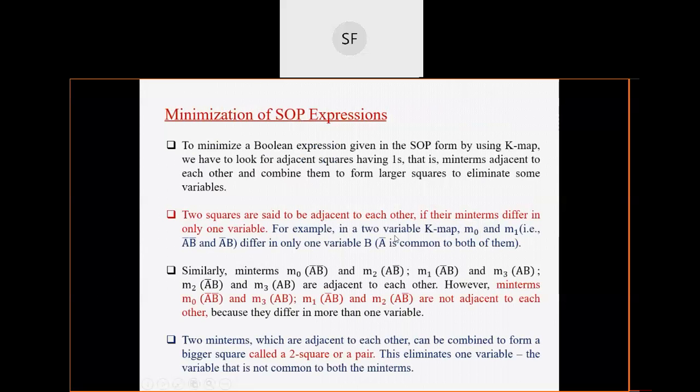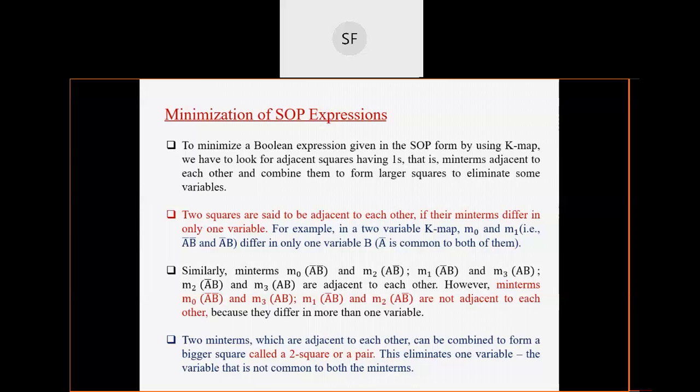All right, so now the second part is, first your mapping is done. Now there is a minimization concept. Okay, so the first thing you have to do, step one, is whichever is your function, you have to convert that function. If it is in standard SOP, then it's well and good.